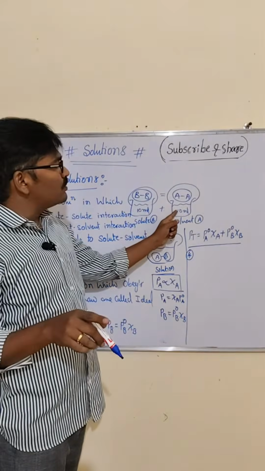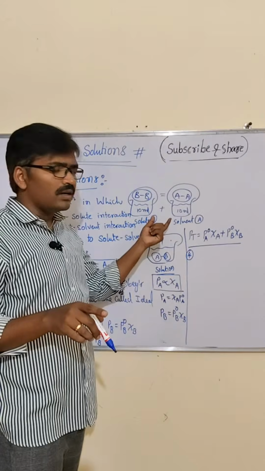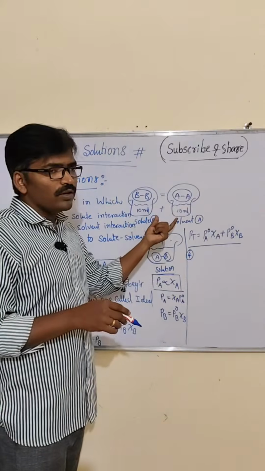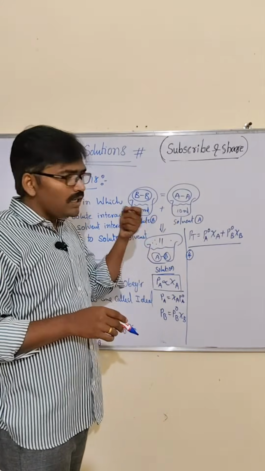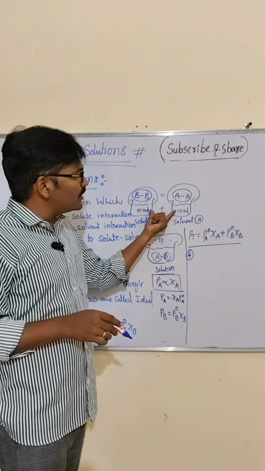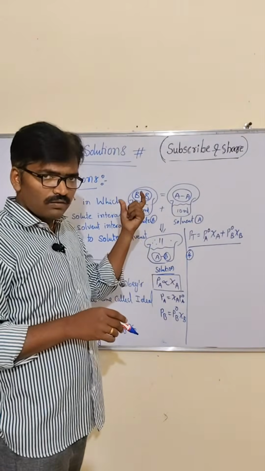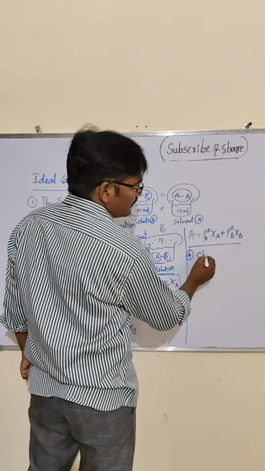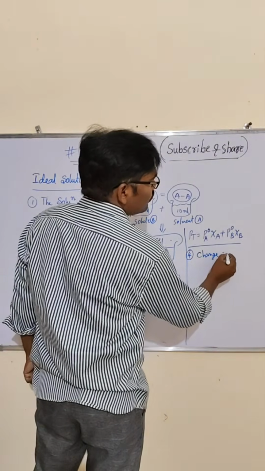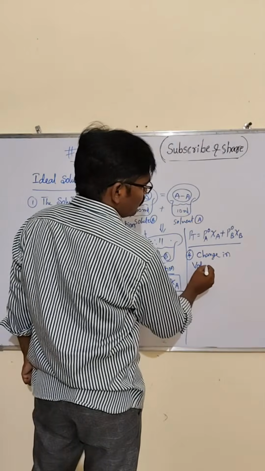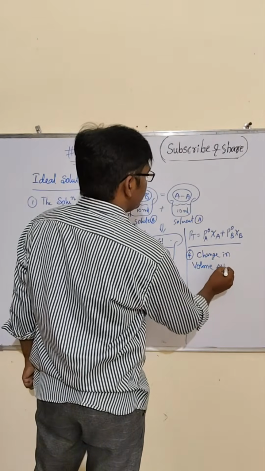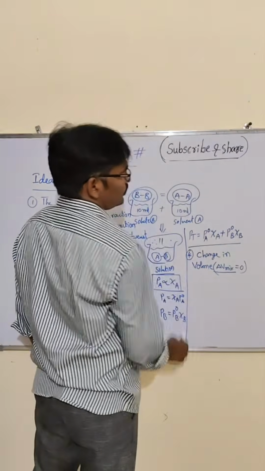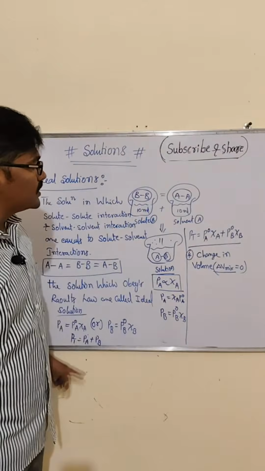If the sum of the total volume after adding is equal to the volume before adding, we call that the change in volume, delta V mixing, equal to 0. Delta V mixing is equal to 0.